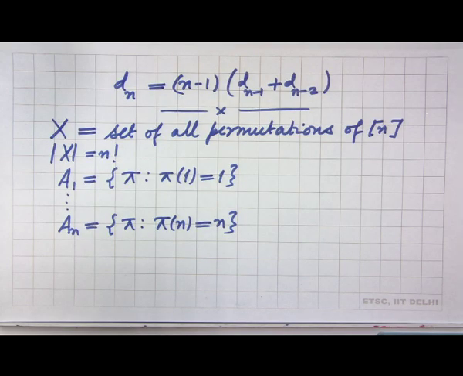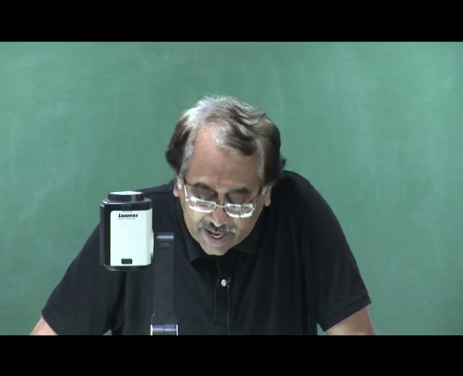If it's not in A1, it does not send 1 to itself, because A1 is all those elements that send 1 to itself. In a similar manner, if it is not in A2, it does not send 2 to itself. And if it's not in AN, it doesn't send n to itself. Therefore, if it's in none of the sets A1 to AN, it has the property that it sends nothing to itself. Now, that's exactly what dn is.